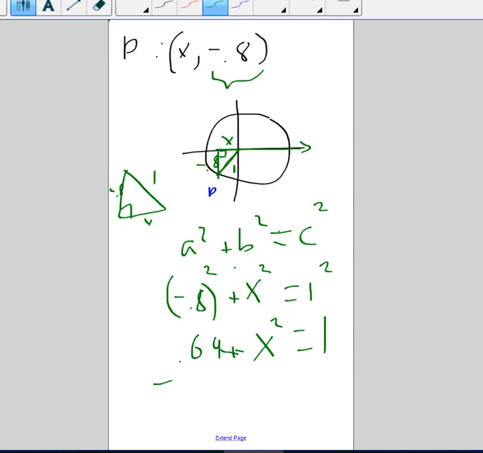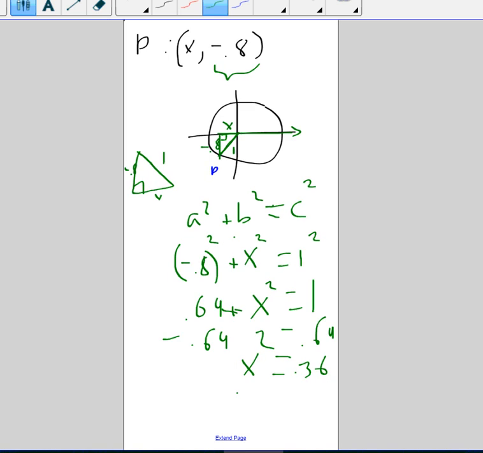I'm going to then solve for x, so I'm going to subtract 0.64 on both sides. I get x squared equals 0.36, and then I'm going to take the square root of both sides, and I'm going to get x equals 0.6, which tells me that the missing side of my triangle is 0.6, so that's the missing x-coordinate, except one more detail here.